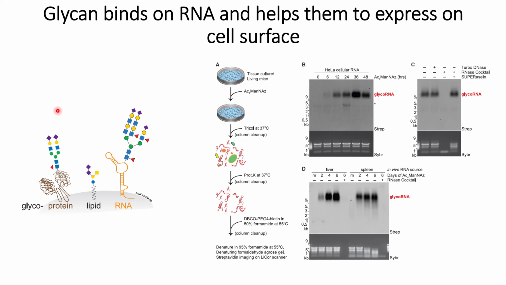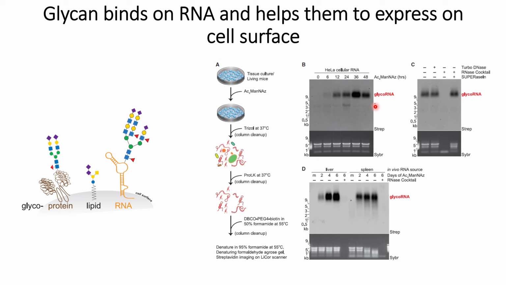So that's all for this video. If you want to understand the whole story of glycans binding on RNA, you can go through the reference provided in the description. Thank you for your time.